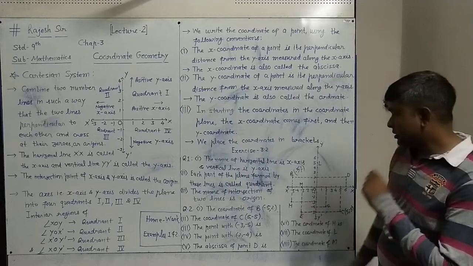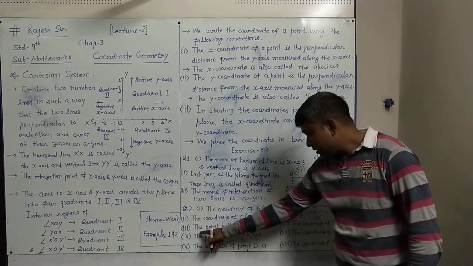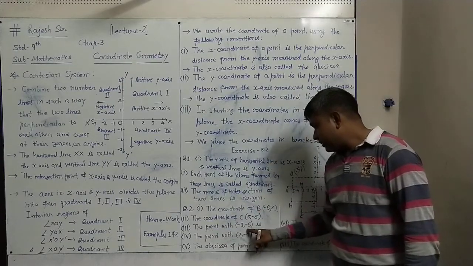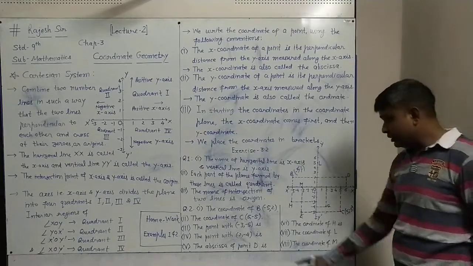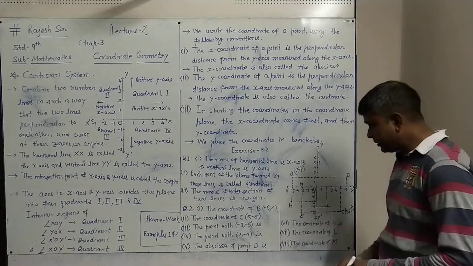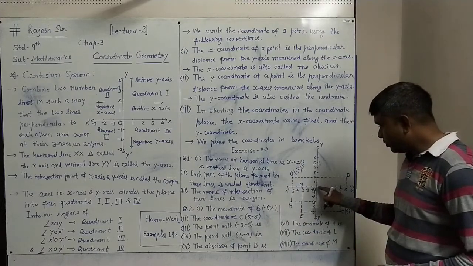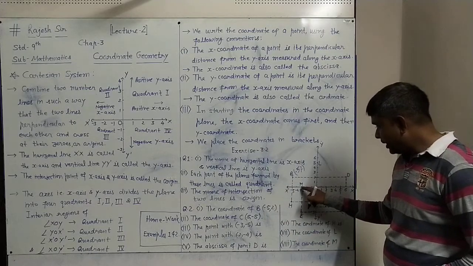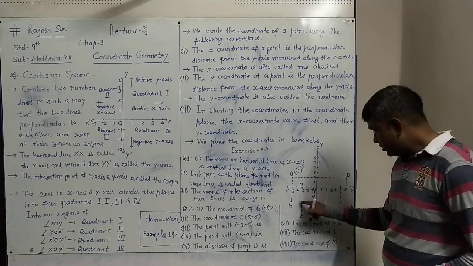Now the third question is the point with the coordinates -3 and -5. What is the name of this point? First is the x coordinate, so along the x-axis we go -3, and then -5 along the y-axis is here.